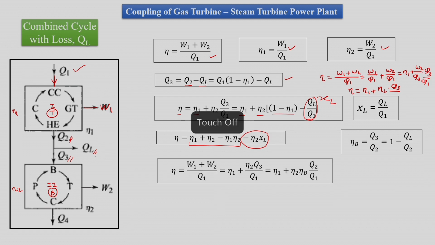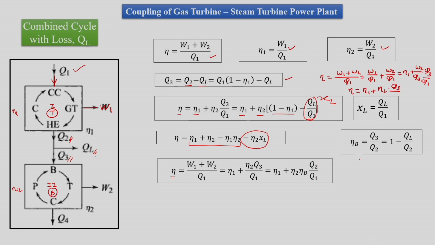So, having known this, we can write down eta is equal to W1 plus W2 upon Q1, and then it is equal to eta 1 plus eta 2 into Q3 upon Q1. So, this is equal to eta 1 plus eta 2 into eta B into Q2 upon Q1.